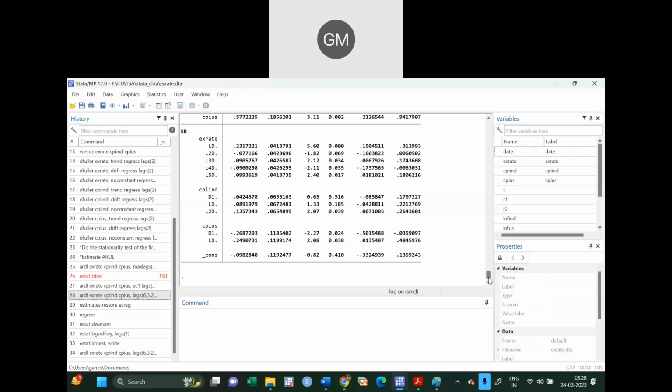But that is more important in the case of co-integration and VAR, because here we consider precisely only one equation which we are interested in, and we declare one to be dependent and others to be independent, right? So you can simply give a shock to the consumer price index of US or India, and then you can simply capture it in the exchange rate. However, the other way around is not expected in the case of the ARDL model.